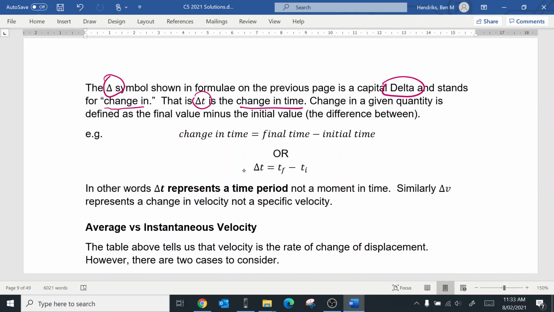Change in a given quantity is defined as the final value minus the initial value. So change in time is the final time minus the initial time, and we can represent it this way as well, with little subscripts t_f and t_i, to signify the final time minus the initial time.